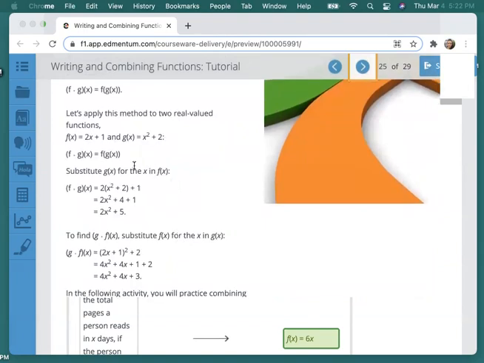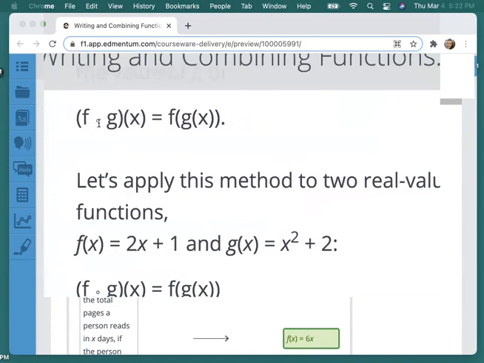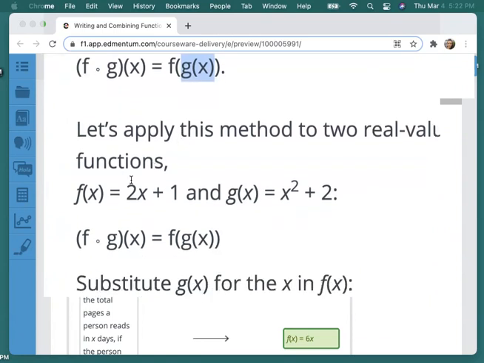Okay, so here's another example I wanted to go over. F of g of x, you're basically plugging the g function into the f function. So if you see this little open circle here, it's f of g of x. So you're plugging g of x into the x in the f function. So f is 2x plus 1, g is x squared plus 2.